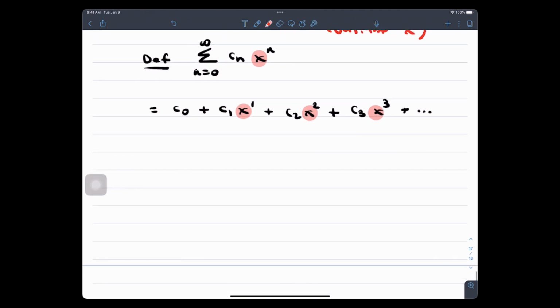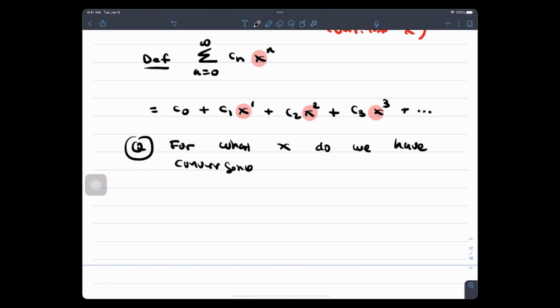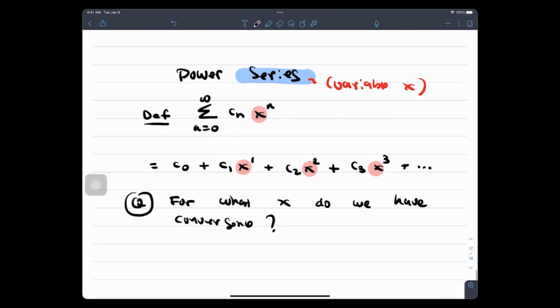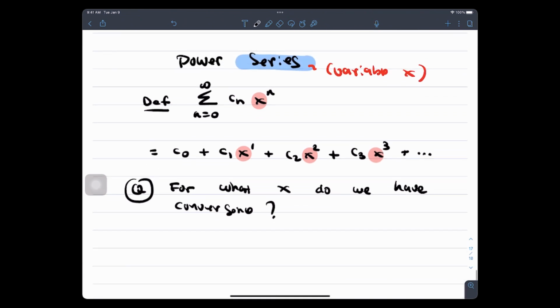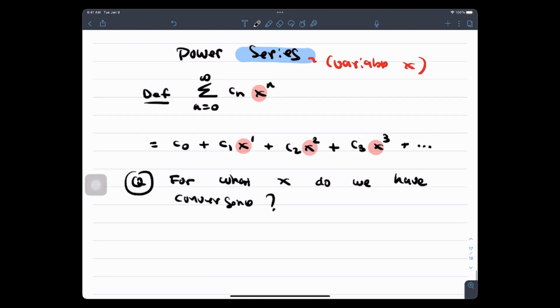Generally speaking, for a power series, here's the big question we want to know: for what x do we have convergence? You now have a variable series, a power series. For what x do you have convergence? So this is a definition of a power series.